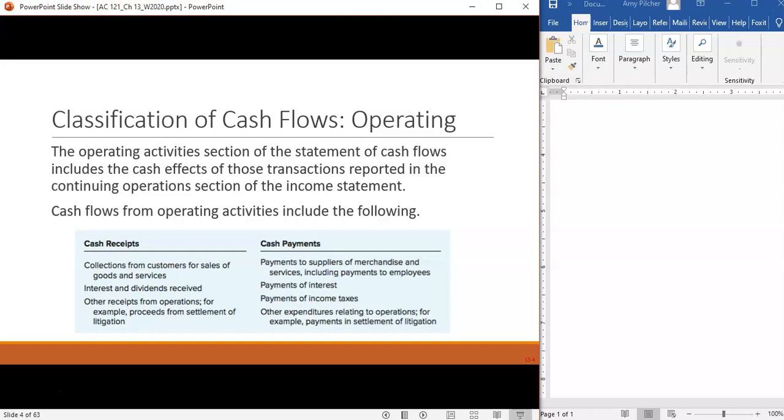The money we receive from customers for our business activities, money we receive from interest or dividends if we have investments, cash payments that we make to our suppliers, to employees, payments of interest, loan payments, anything else that we might have, such as payments of a lawsuit, litigation.